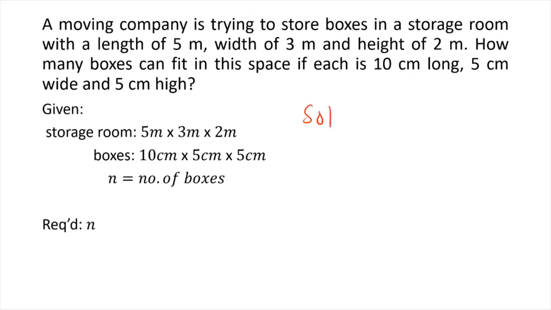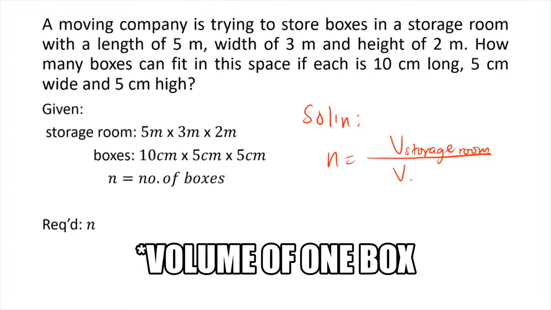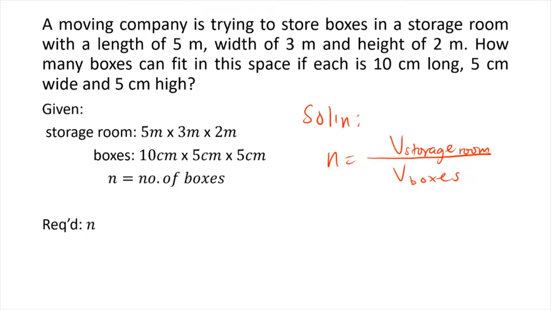To solve the problem, we are going to divide the volume of the storage room by the volume of the boxes. Since both of them are rectangular solids, then the formula for the volume is just the length times the width times the height.